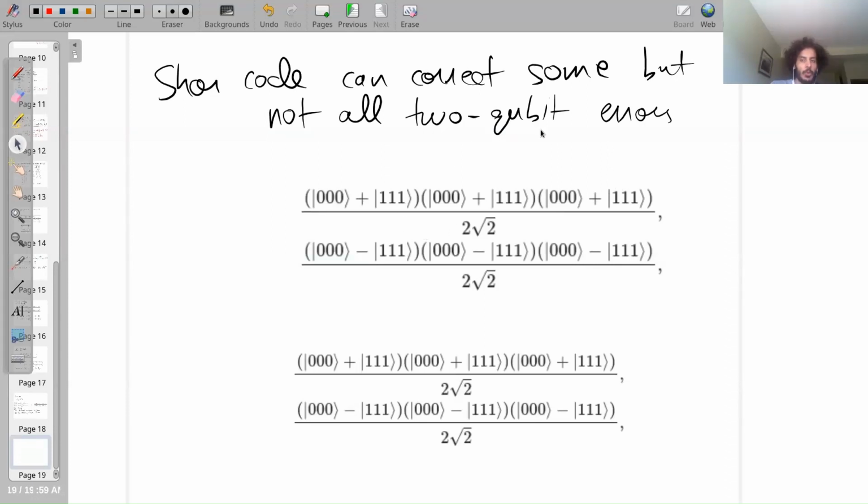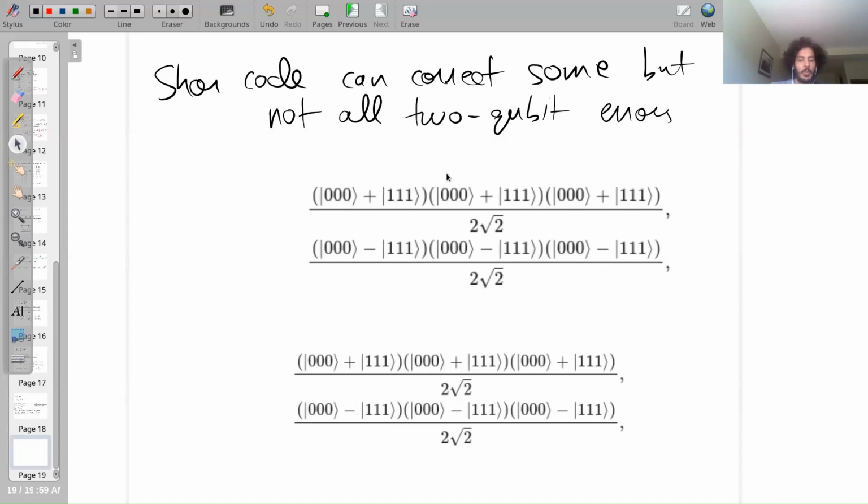And when I say a 2-qubit error, I mean that 2 qubits have independently had an error. So maybe the first qubit and the 7th qubit have an error or something like that. And you have to tell me what the errors should be. Is it an X error on the first qubit and a Z error in the second qubit, something like that.